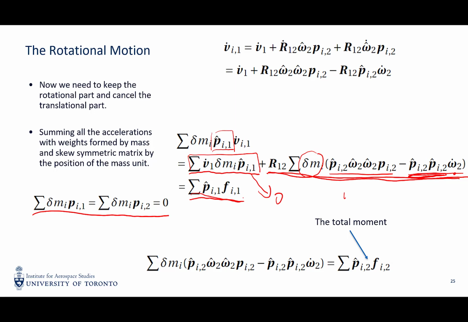Okay. So we were going to have the result in this format because the first term cancels each other. So now the thing is, how do we simplify this term such that it has a relationship to the moment of inertia of a rigid body?